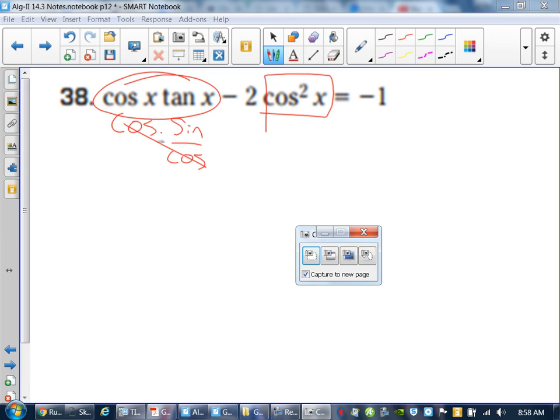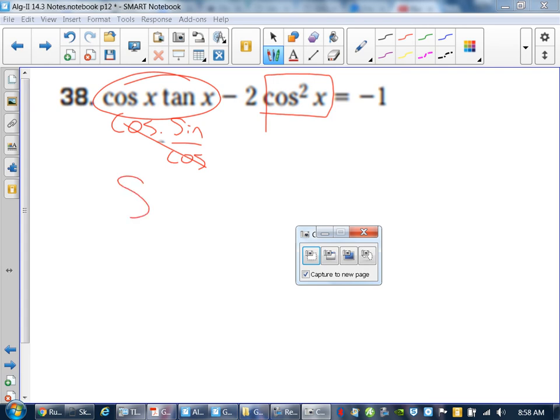If you multiply cosine times sine over cosine, the cosines simplify out and you result with sine. It's kind of like 2 times 3/2. The 2's drop and you get a 3. Same basic principle. You're simplifying out a factor of 1.